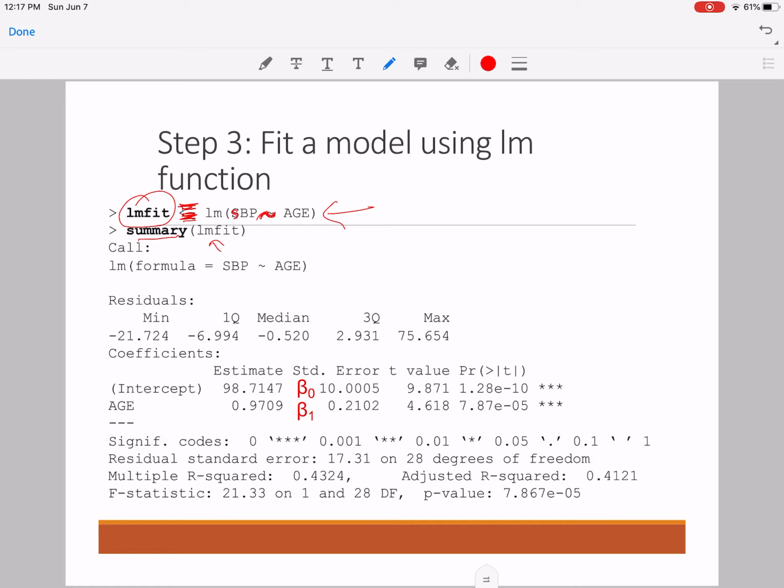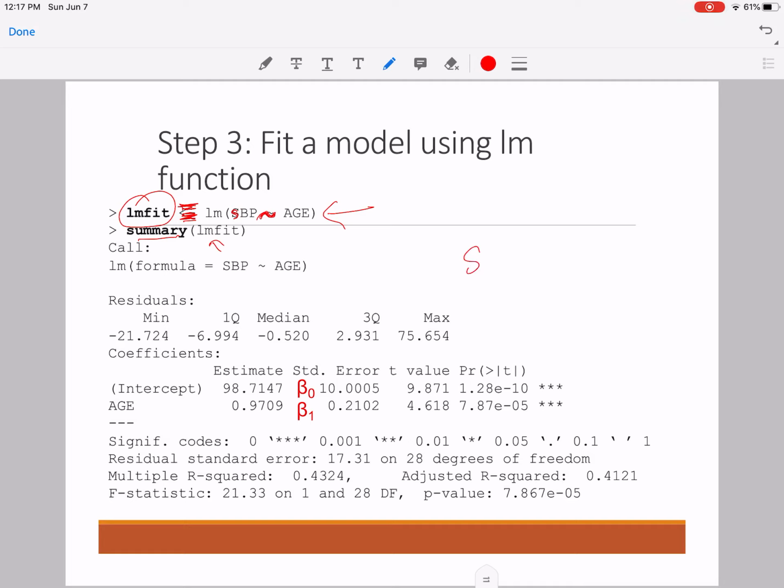Now, how you analyze this summary is the most important task. As I mentioned before repeatedly, when you perform statistical analysis using R, the usage of functions is not a big deal, but the analysis is the most important item. So when I print the summary of this model, there are some important things that you should be looking into.